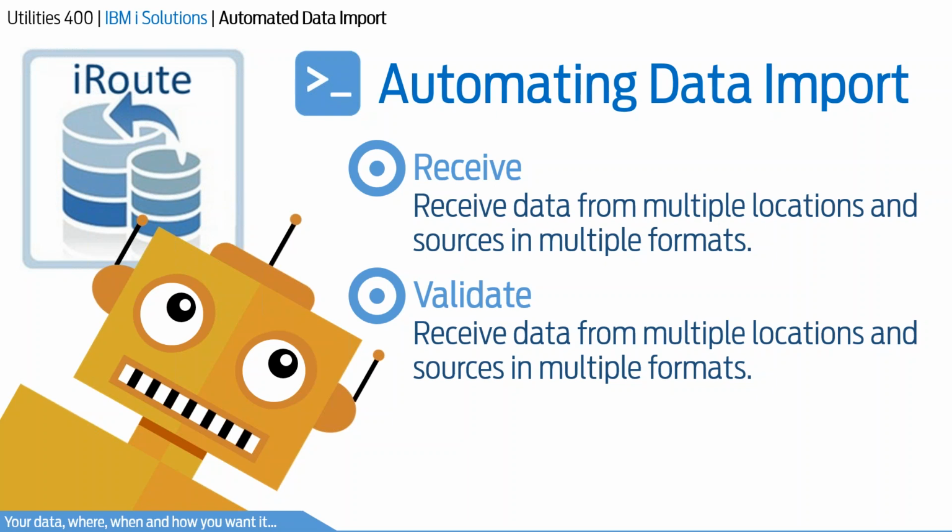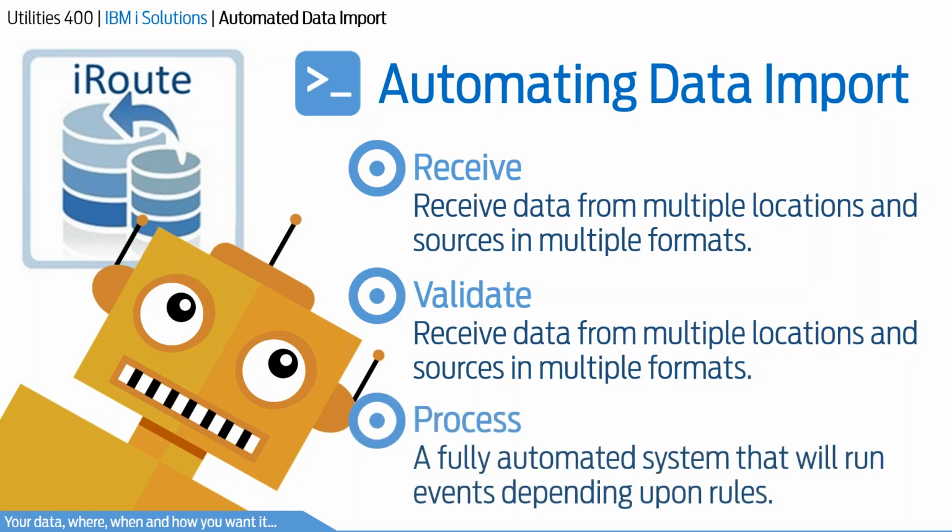So as part of this routine of validation and transformation rules, you can convert these as part of the process. Now, speaking of which, the process should be fully automated. So we can schedule events, poll directories, trigger processes, and automatically pass validated data to the IBM i without user intervention.